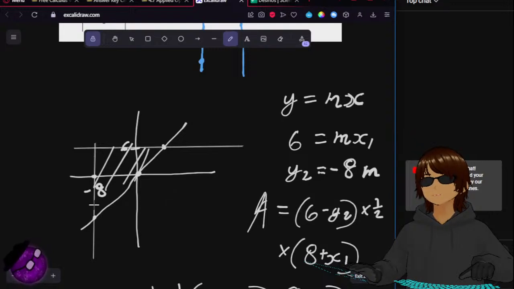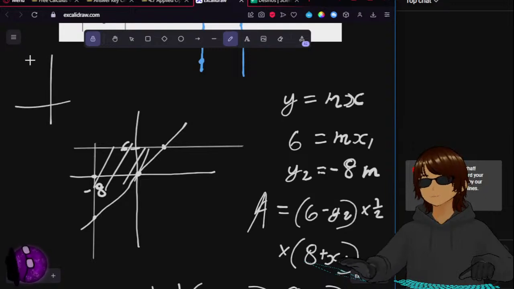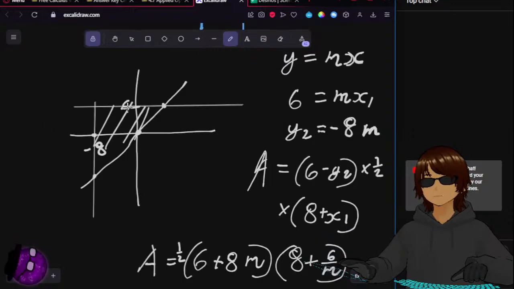Because I'm finding a change in area, right? So if the gradient changes, at some point the area will be like this. Let's see what's wrong here. Half times 6 minus y2.